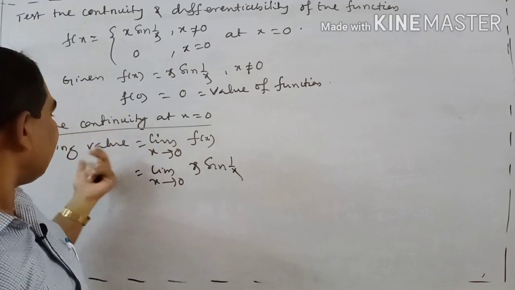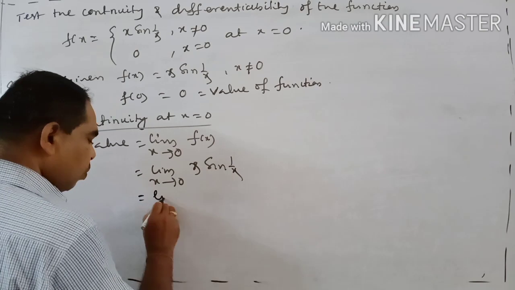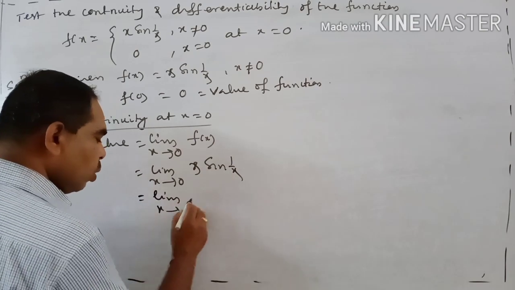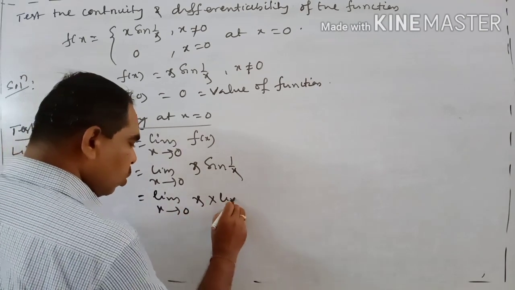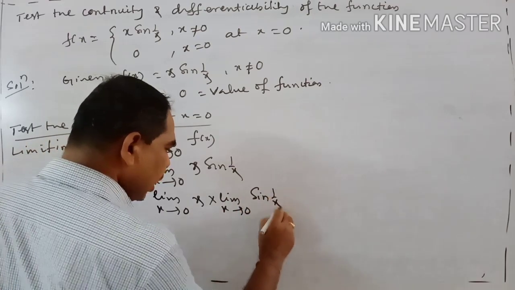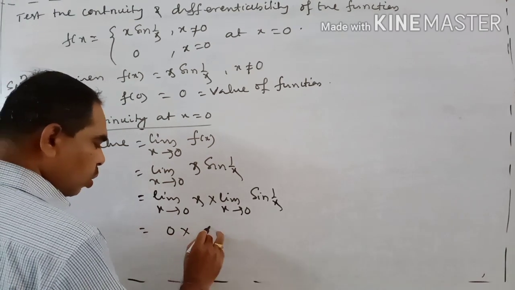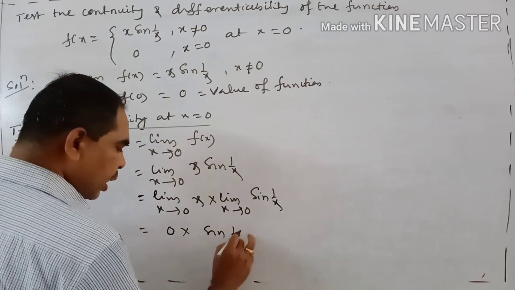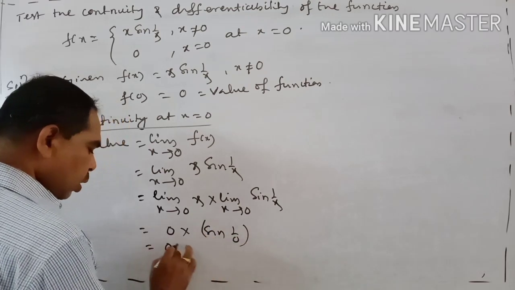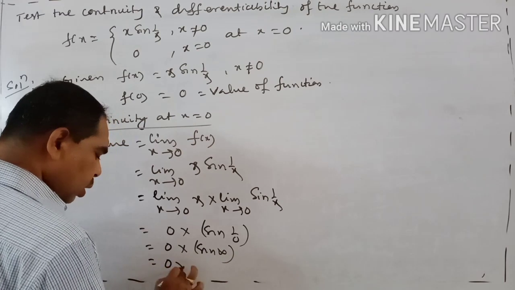Hence, we directly find the limiting value. So it is limit x tends to 0 of x into limit x tends to 0 of sin 1 by x, which is 0 into sin 1 by 0, which is 0 into sin infinity.